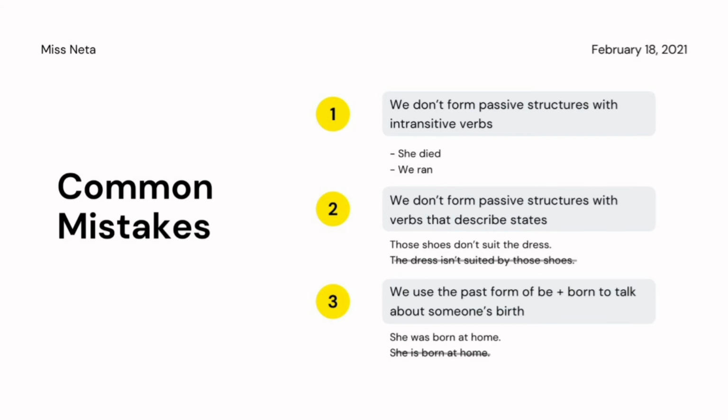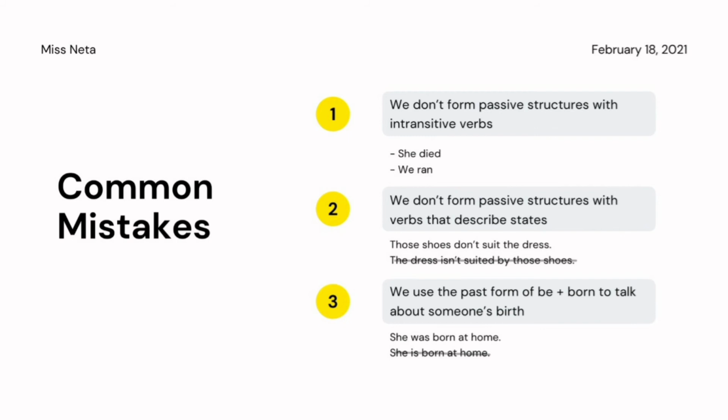Yep, okay. Now you know the formula of passive voice in simple present tense. I want to share some typical common mistakes that people make in using passive voice. I mean, I myself as well made mistakes, but then we learn from mistakes and do not repeat the same mistakes again, of course. Okay, the first common mistake is that people usually form passive structures with intransitive verbs, and we don't want to do that.